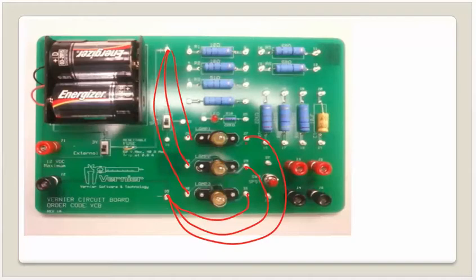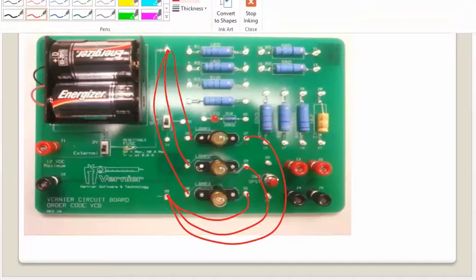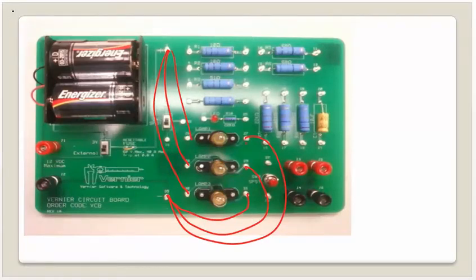Now let's talk about how we measure things today. All right, if we're going to measure voltage, VT, we're still going to be measuring by putting our probes right there. Again, if we want to find the total voltage, we're still going to put it right there. That's not changed from the very first day.